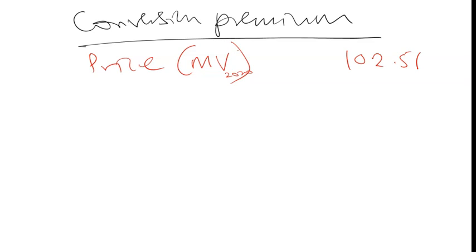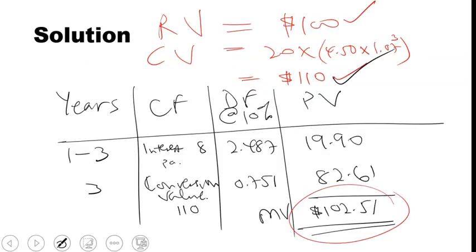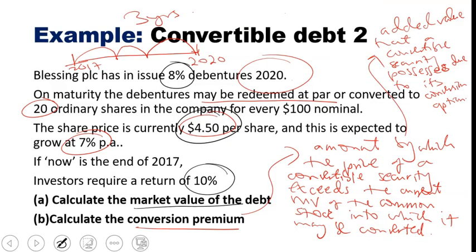So that's the market value, and then the current share price was $4.50, and the arrangement was that we were going to get 20 shares.